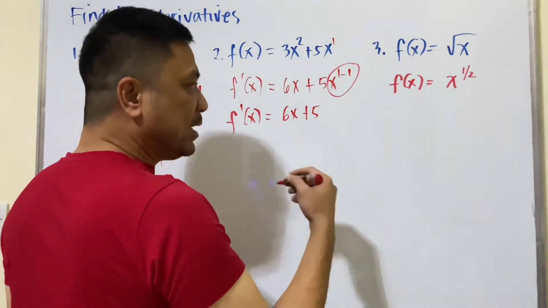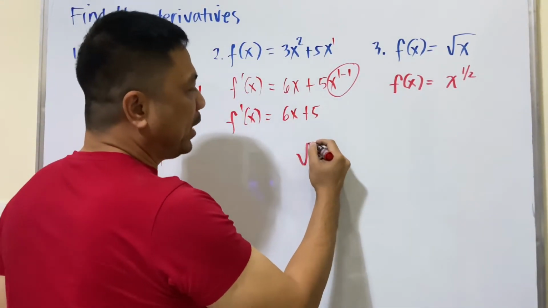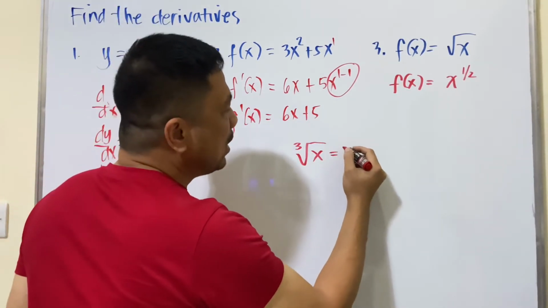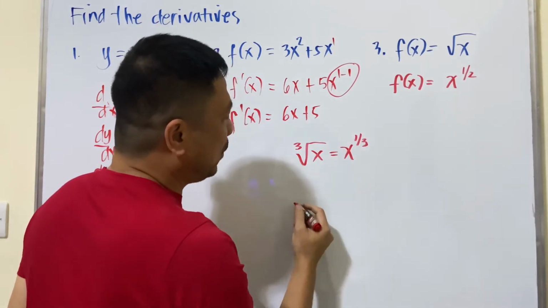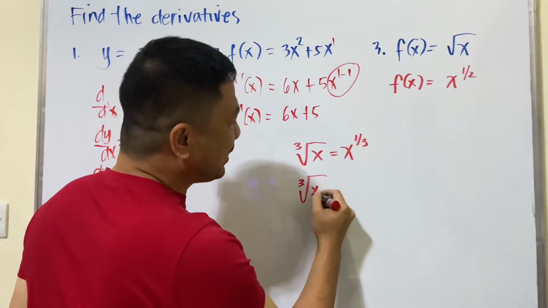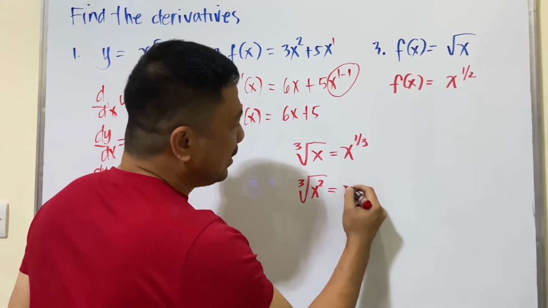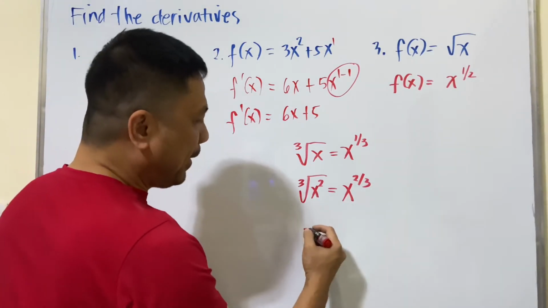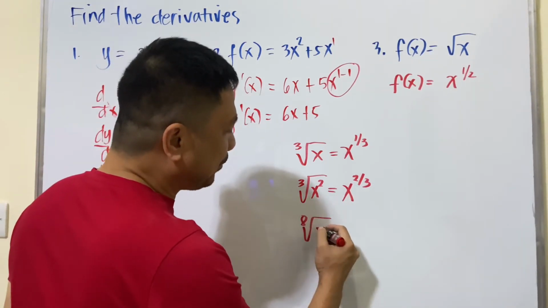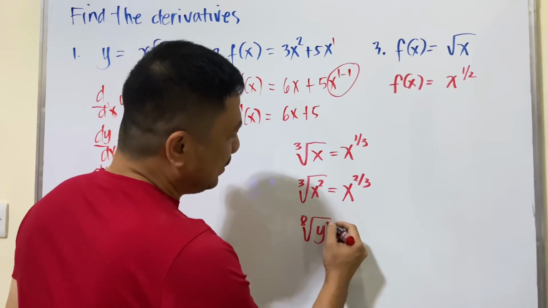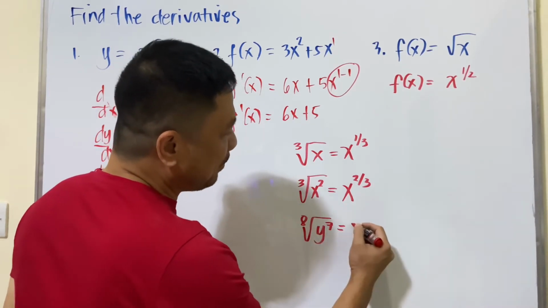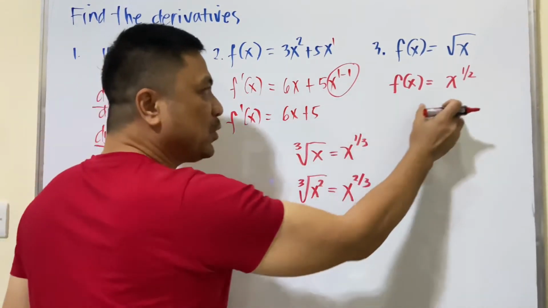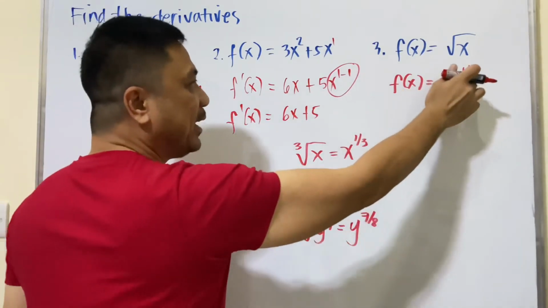Similarly, if you have cube root of x, this is equal to x raised to 1/3, or the cube root of x squared, that means this is x raised to 2/3. Or if you have the 8th root of y raised to 7, that means this is y raised to 7/8. So it so happened here that our exponent is a fraction.